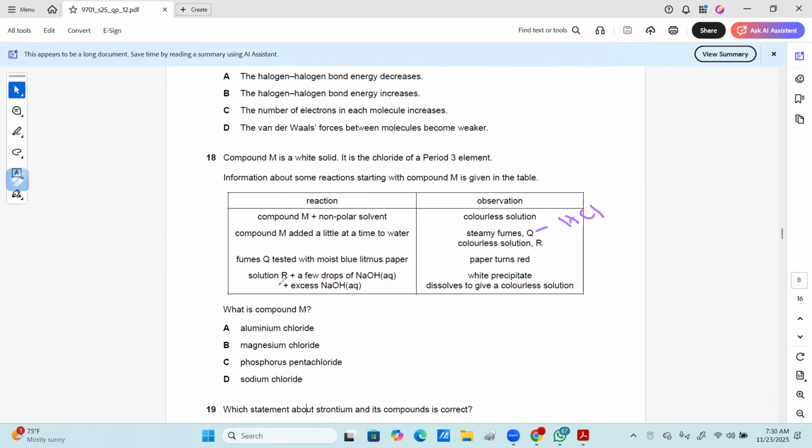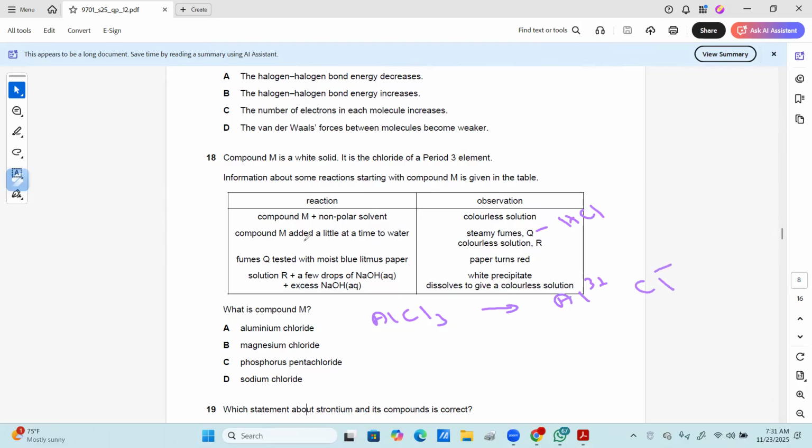Solution R plus a few drops of NaOH gives a white precipitate that dissolves to a colorless solution. Right. So if I take it as AlCl3, AlCl3 is nonpolar because of the trigonal planar shape. So it dissolves in a nonpolar solvent like hexane to form a colorless solution.